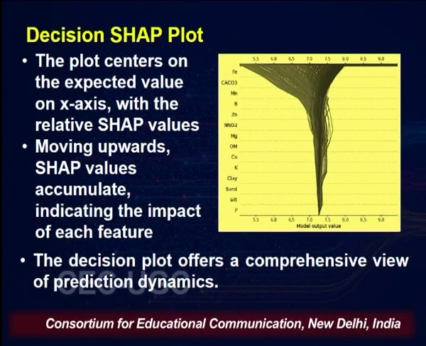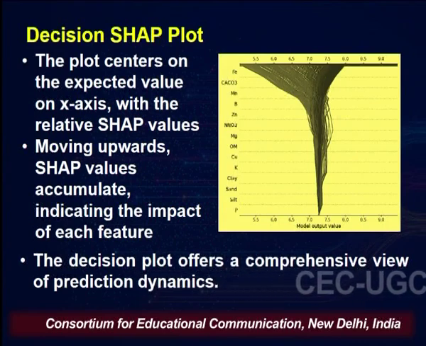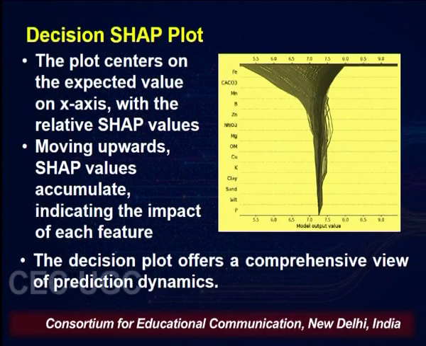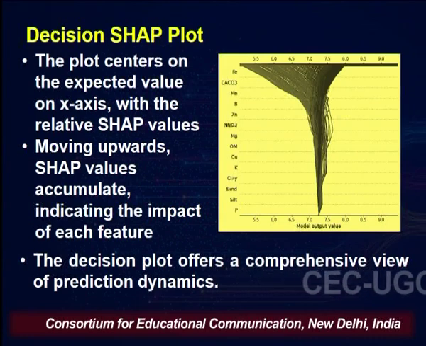So one utility of the decision plot is that it falls into the category of the summary plot, and also the instance plot, as it can cater to instance level information.